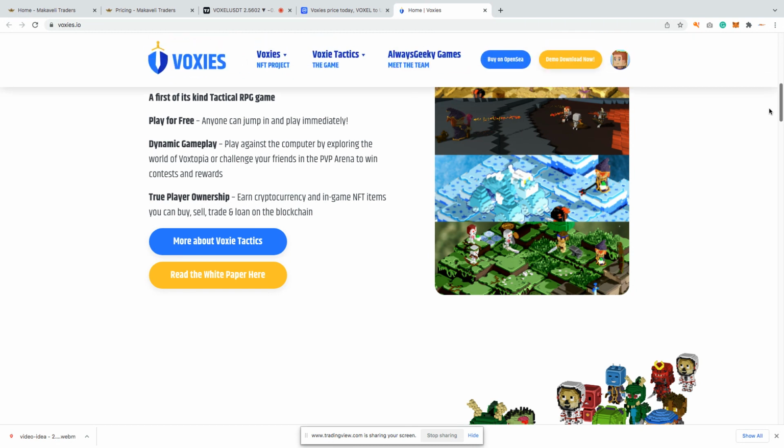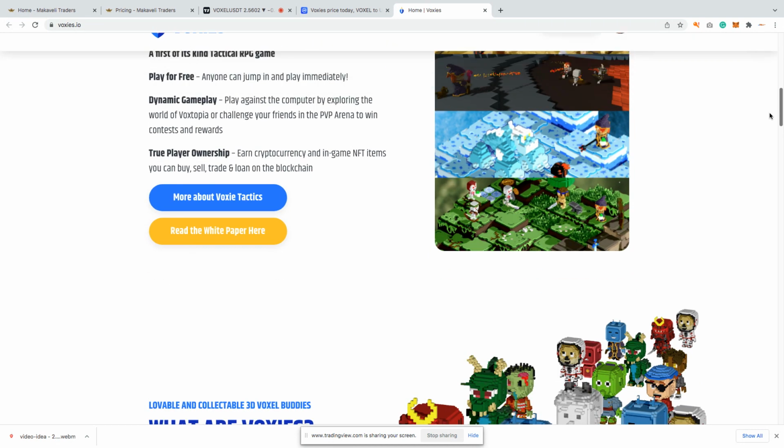You can buy, sell, trade, and loan on the blockchain. This is what differentiates Voxels from Minecraft and others: you have access to not just play the game, you earn cryptocurrency and NFT items, and you can buy, sell, trade, and loan on the blockchain directly.